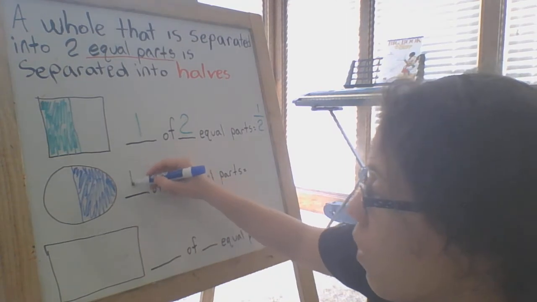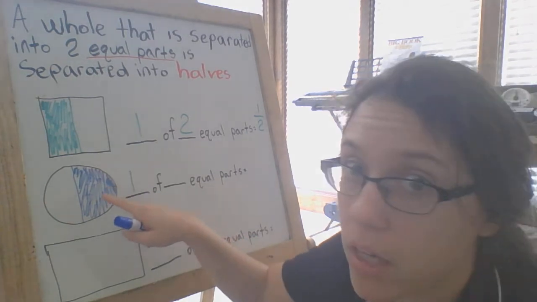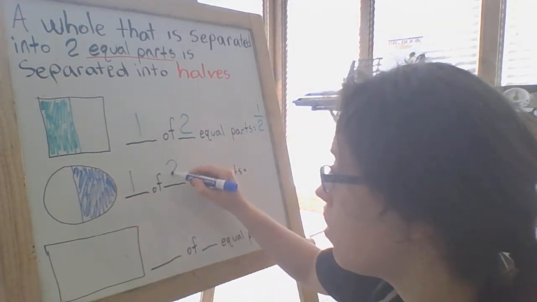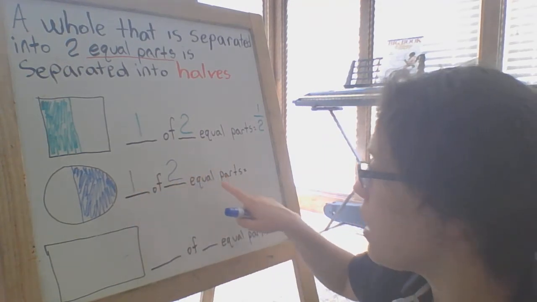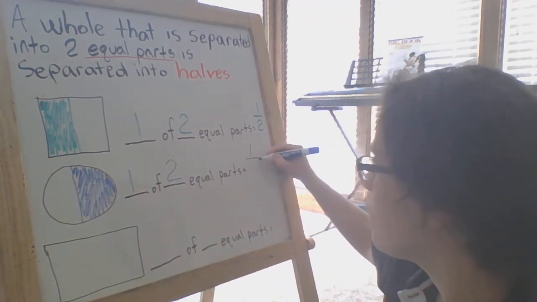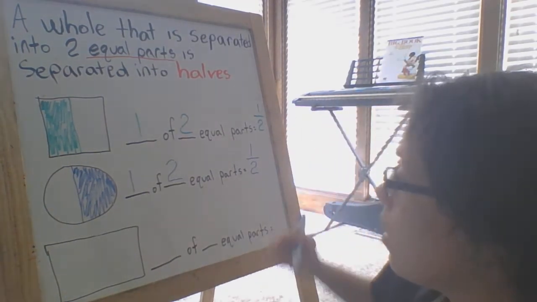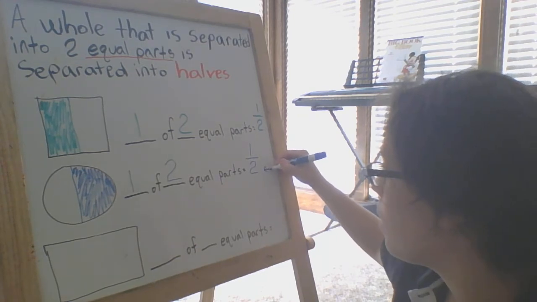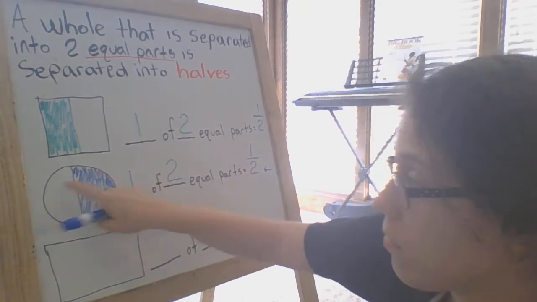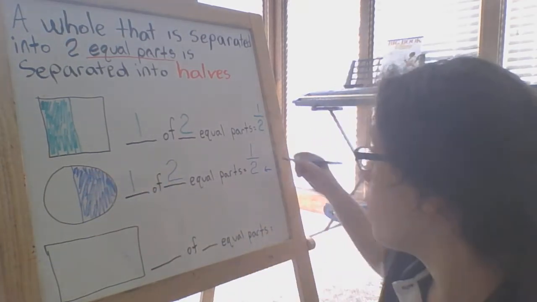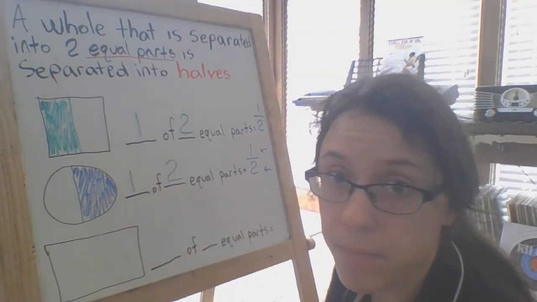We have 1 shaded out of, how many were there in the start? 2. 1 of 2 equal parts, 1/2. So this bottom number tells you how many there were to start off with. There was 2. This number tells you how much is shaded or taken away.